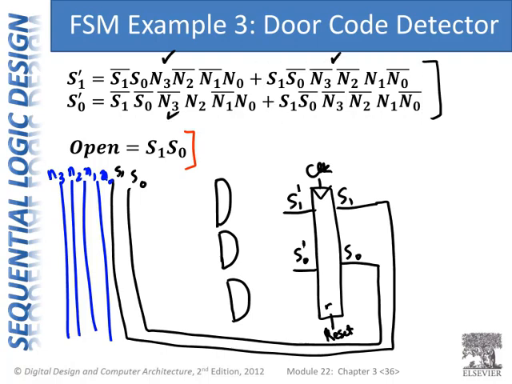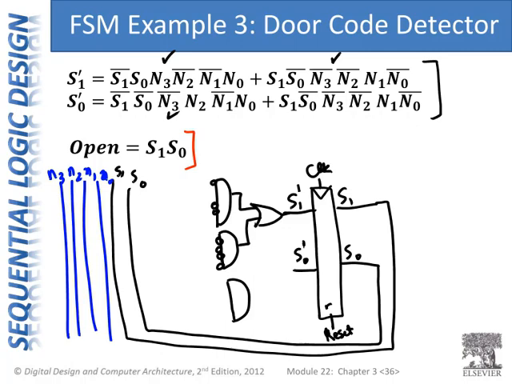And then the third term that we're going to create there. So the first one has not, true, true, not, true. This one has a true, not, true, and not. So now we're going to grab our terms, and these will be ORed together for S1 prime.